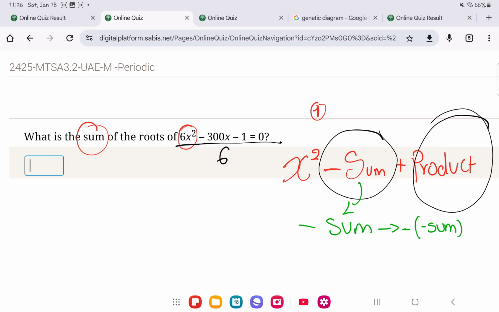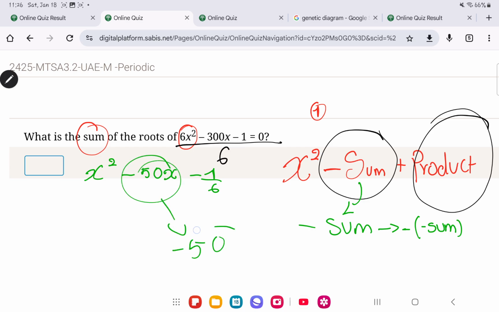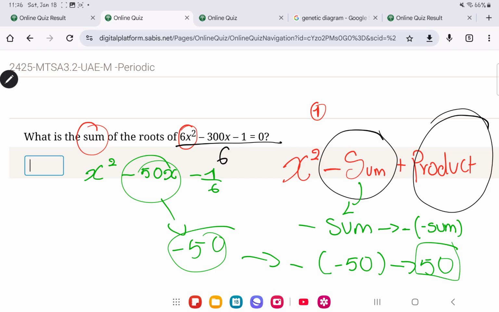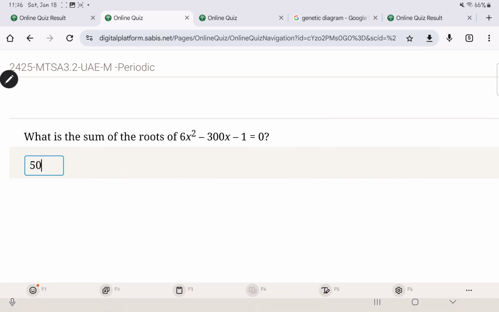So in this case, if you divide it by 6, you are going to get x squared minus 50x minus 1 over 6. Now, this is our sum, but minus 50 is not our sum. We said we are going to multiply it by minus, so it's minus times minus 50, which will then give us an answer of 50. So the sum of the roots is then 50.